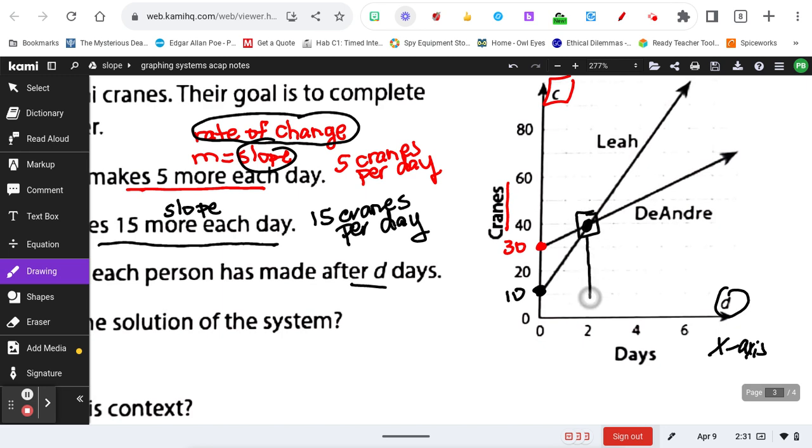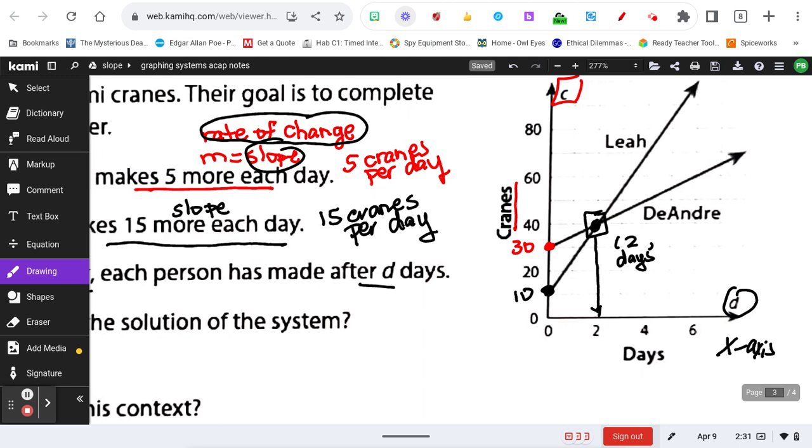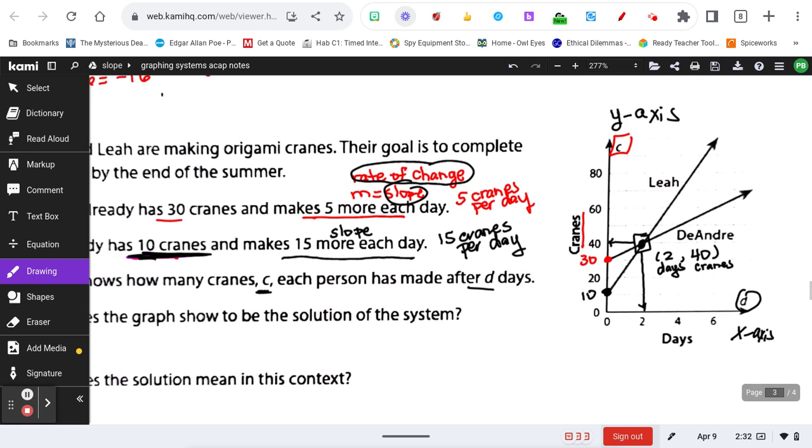So that is a D of 2, which means 2 days. In 2 days, they both will have how many cranes? Let's see. What does it go to? 40 cranes. So in 2 days, they'll have the same amount of cranes.